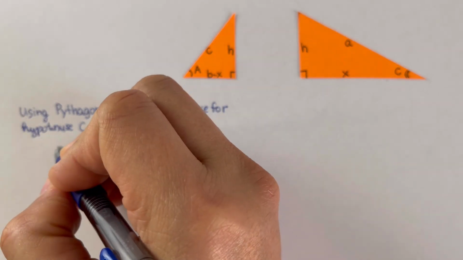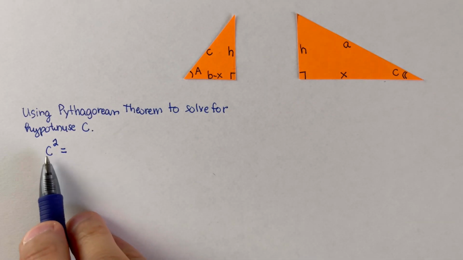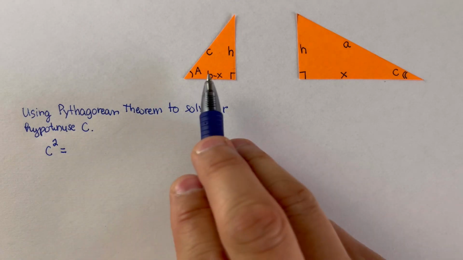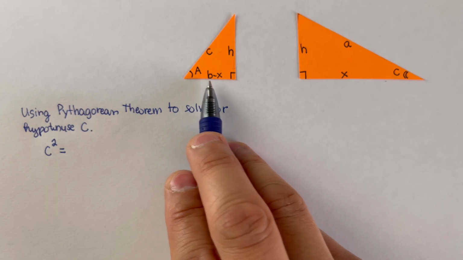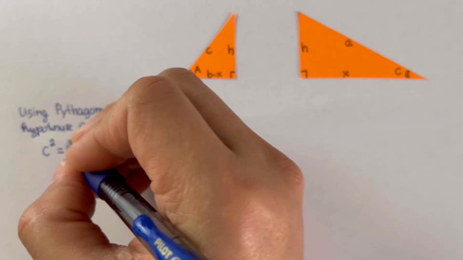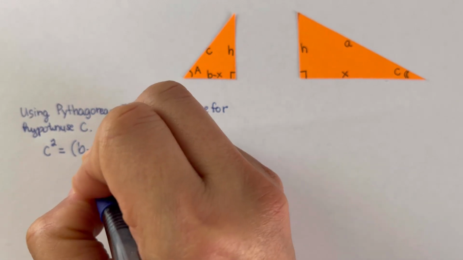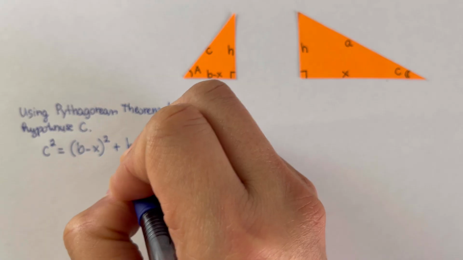So C squared, the hypotenuse squared, is equal to the sum of the squares of the two legs. The first leg is B minus X, squared, plus H squared.